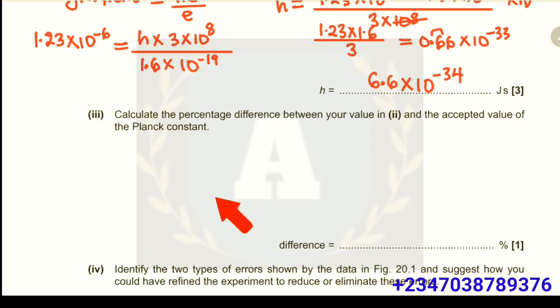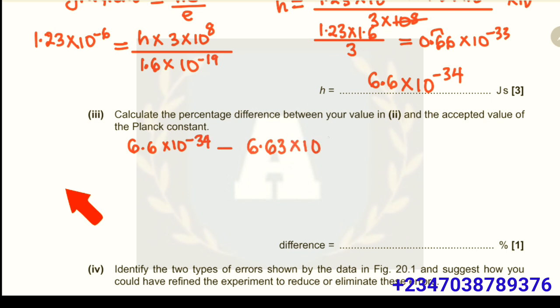Okay, so the value we got here is 6.6 times 10 to the power of minus 34 minus the standard 6.63 times 10 to the power of minus 34, divided by 6.63 times 10 to the power of minus 34, multiplied by 100.